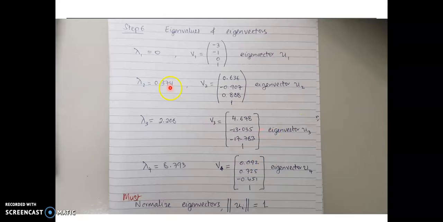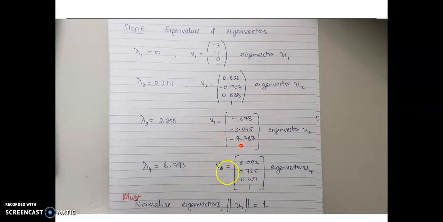It is a 4 by 4 matrix. We expect to get 4 eigenvalues, lambda 1 to lambda 4, and also 4 eigenvectors. As I mentioned, I use an online tool to compute the eigenvalues and eigenvectors automatically.